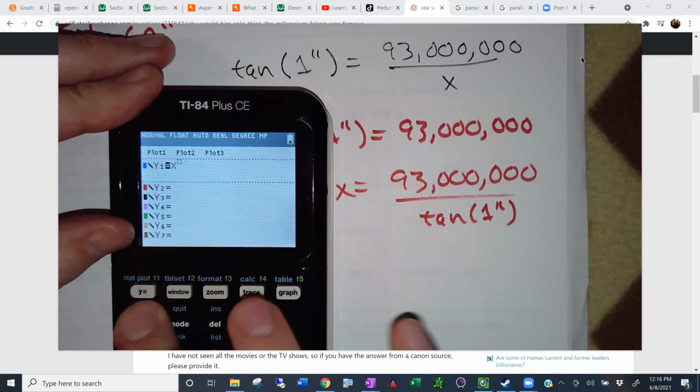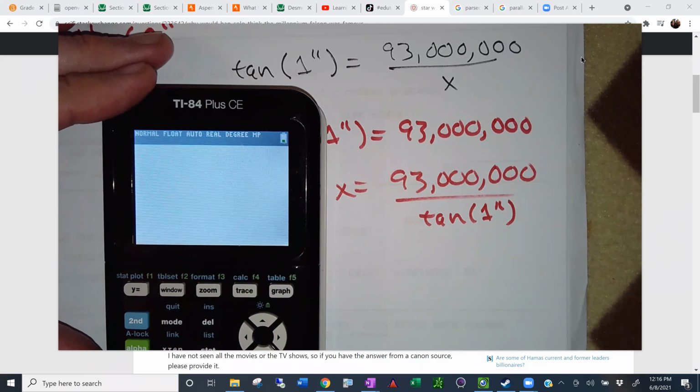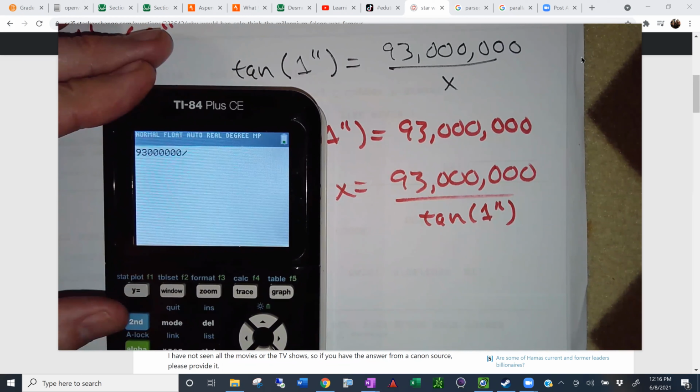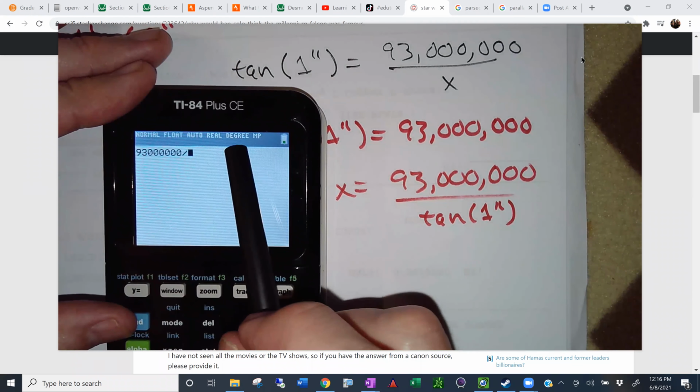So we'll do 93 million divided by the tangent. Oh, wait, I am in degree mode. So that's important there. Divided by the tangent of 1 divided by 3,600. And I should get a really big number.